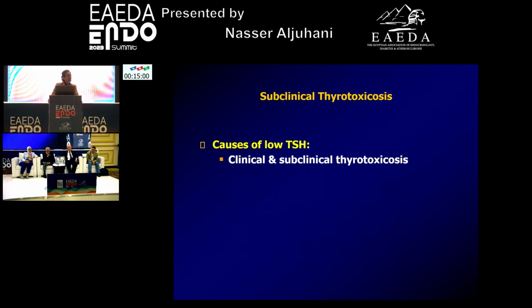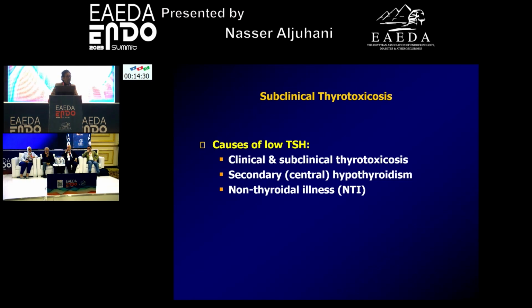Very important to rule out other causes before you diagnose subclinical hyperthyroidism, for example, central hypothyroidism. In central hypothyroidism, free T4 and T3 are either low or on the lower side of the assay. In subclinical thyrotoxicosis, TSH is suppressed, but usually free T4 and T3 are either in the middle range or in the higher range of the normal assay.